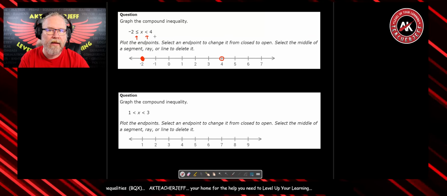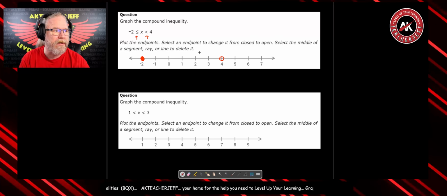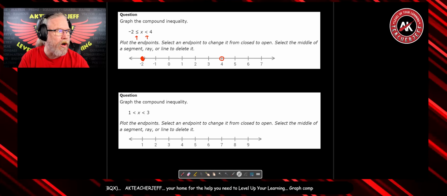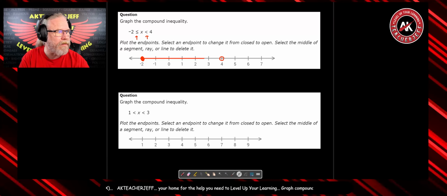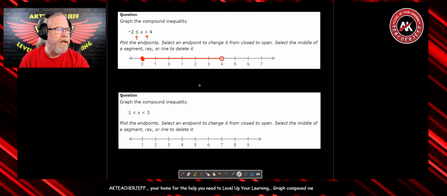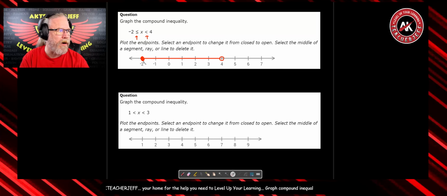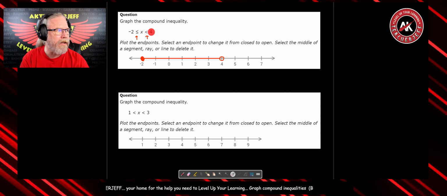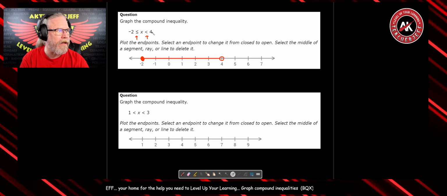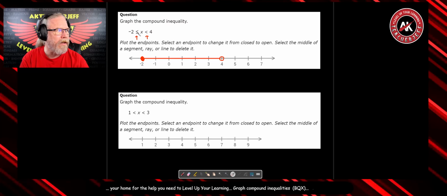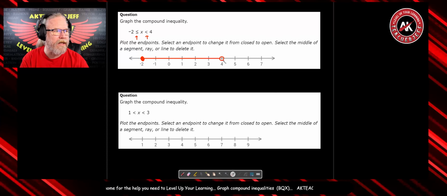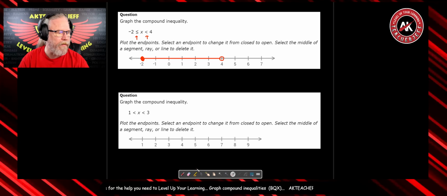And it does not have the equality concept in there, so I'll leave that one blank and hollow, open I should say to be exact, and then I'm just going to put a line in between there. And now I have my three parts: endpoint, line, endpoint, A, N, D. -2, check, 4, check. Equality concept, closed dot; no equality concept, open dot. I'm good to go.